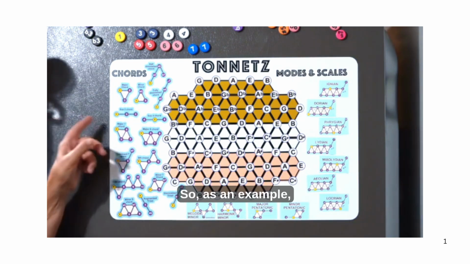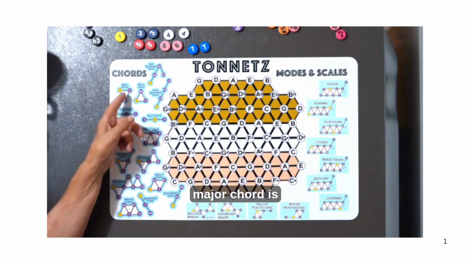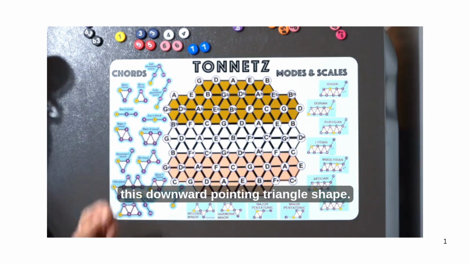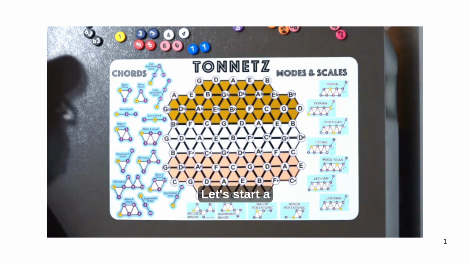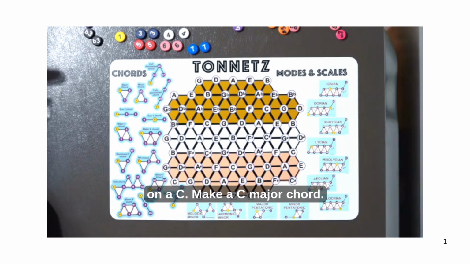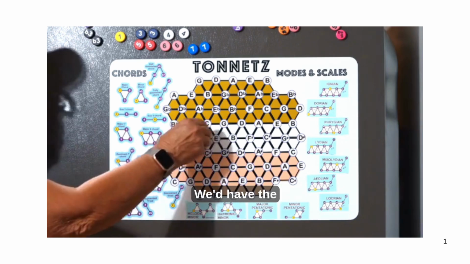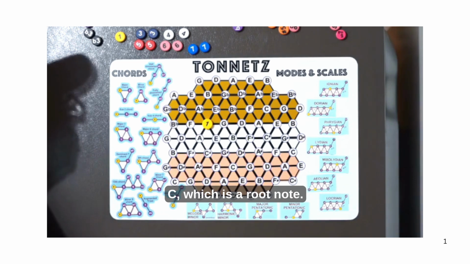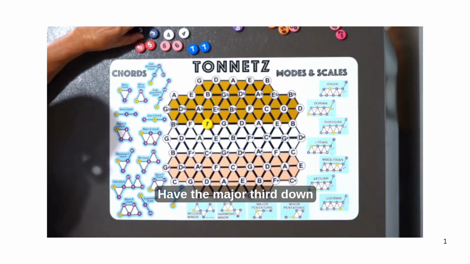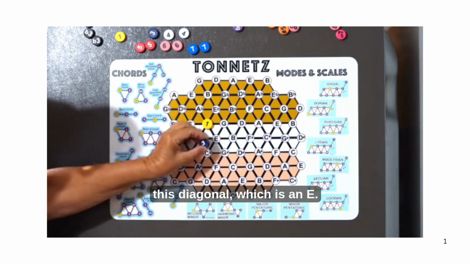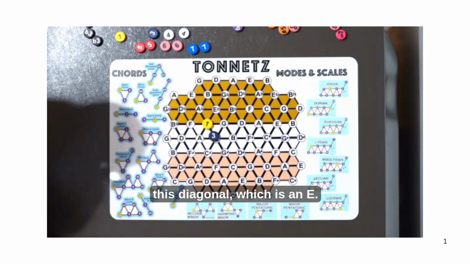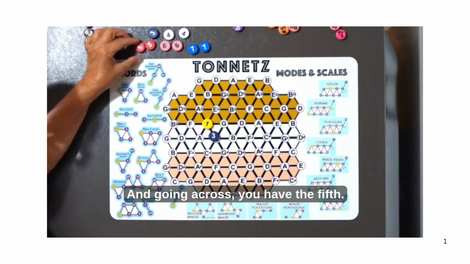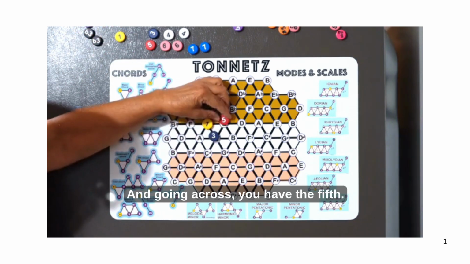So as an example, a major chord is this downward pointing triangle shape. Let's start a major chord on a C, and make a C major chord. We'd have the C, which is the root note, have the major third down this diagonal, which is an E, and going across, you have the 5th.